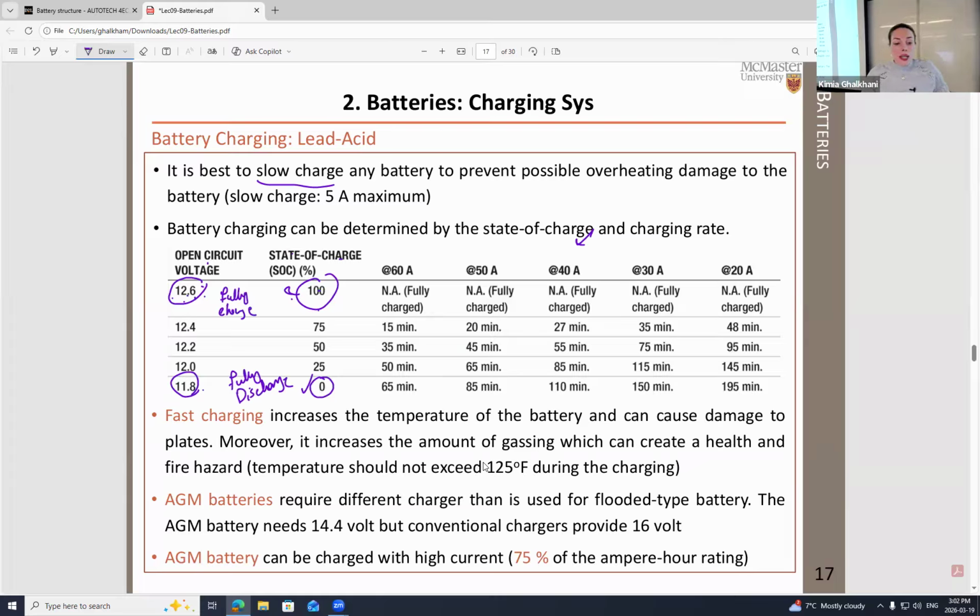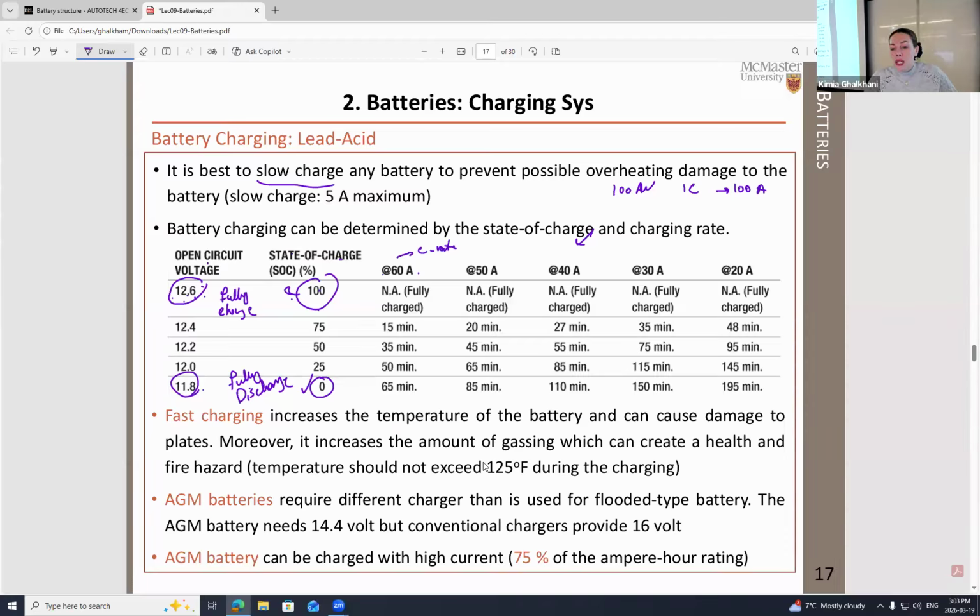One important thing here: these are what we call C rate. I introduced it last session. For example, here at 60 amp, in order to understand what the C rate is, we have to understand what the capacity of the battery is. For example, if a battery is 100 ampere-hour, at 1C rate, we have to apply 100 ampere.